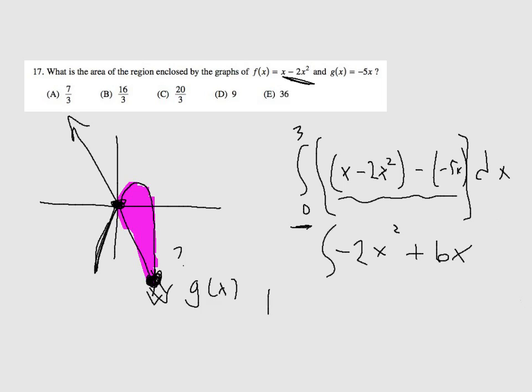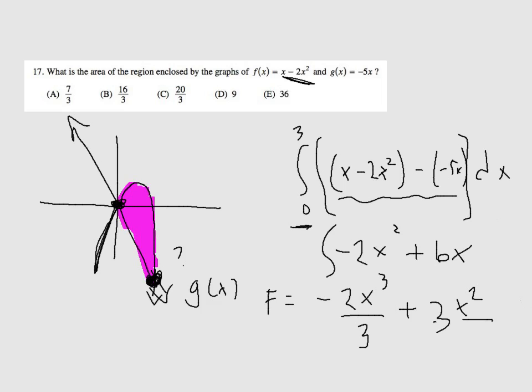I'm going to find my capital F to be negative 2x cubed over 3 plus 6x squared over 2, and I can go ahead and identify that that is going to be 3. Okay.